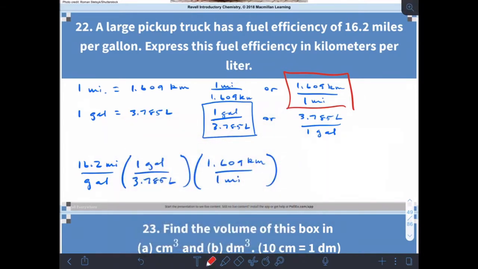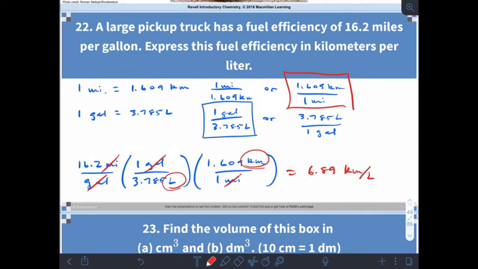I can track things through just as I did before. Gallons on opposite sides will cancel, miles on opposite sides will cancel, leaving me with kilometers and liters. And I'll end up with the same answer, 6.89 kilometers per liter.